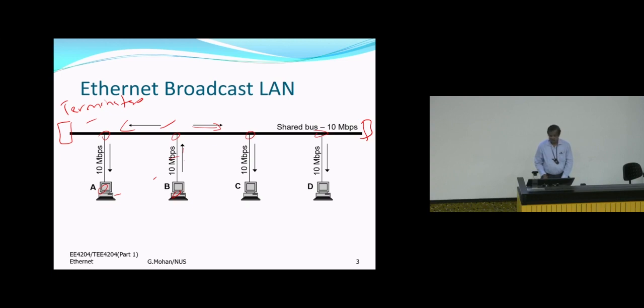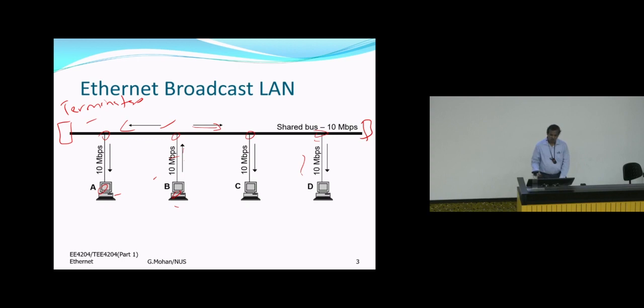But in Ethernet, as I was mentioning earlier, there's no coordination. Everybody is a boss. They don't want to coordinate among themselves. They are independent. So it may so happen that more than one node can try to transmit at the same time, and in that case there will be collisions. Let's say B transmits and D also wants to transmit. If B knows that it is receiving some signals, it won't transmit, because there's no point in transmitting when it's already receiving.